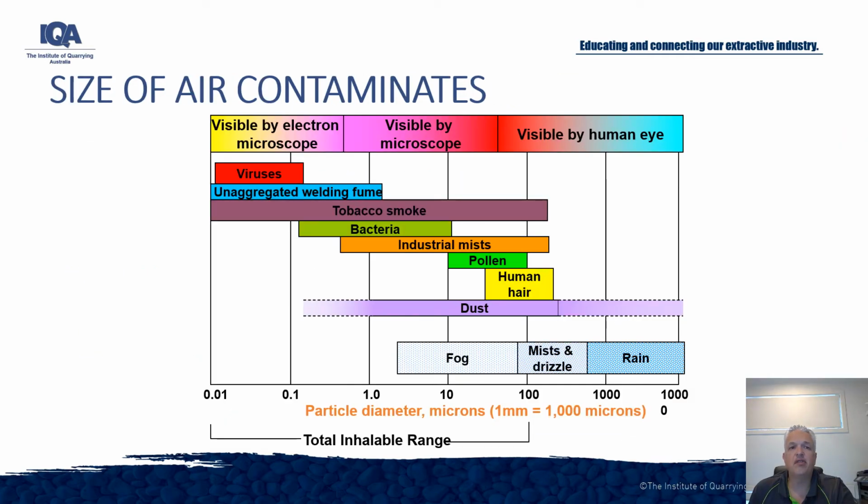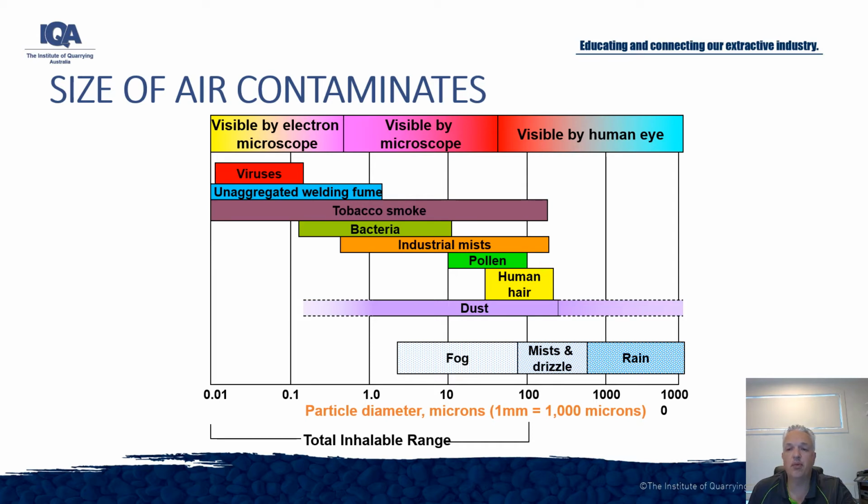On this slide, we're looking at the size of various air contaminants that we're exposed to on a regular basis. Again, 1 millimeter equals 1,000 microns. So 1,000 microns is quite a large particle, and will basically drop out fairly quickly.